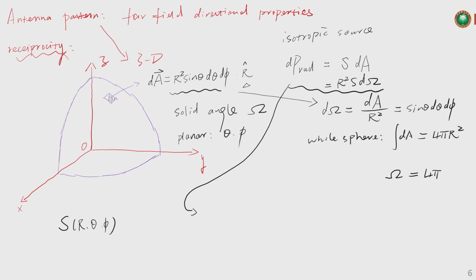That means when we want to obtain the power pattern for the whole area, the power equals r squared times S of theta, phi times d omega, that is sin theta d theta d phi.